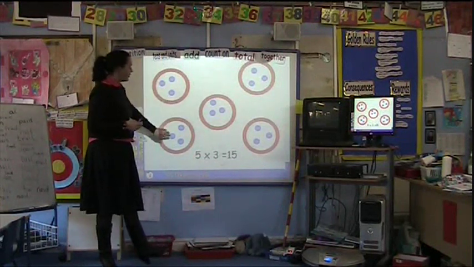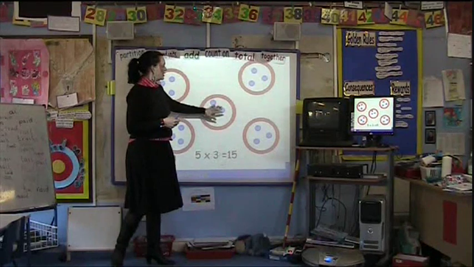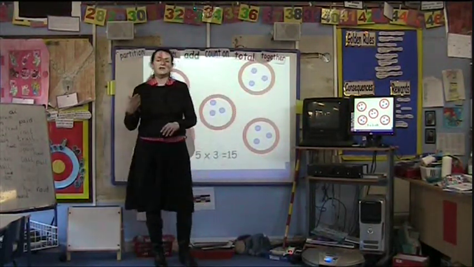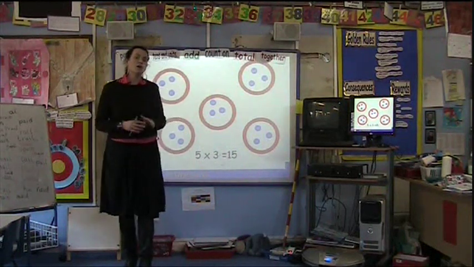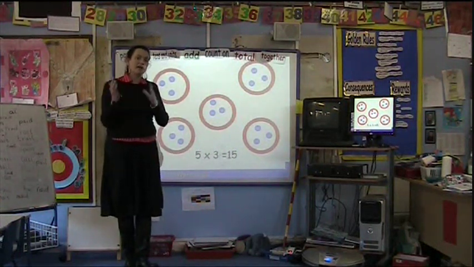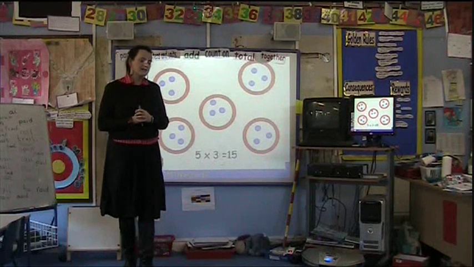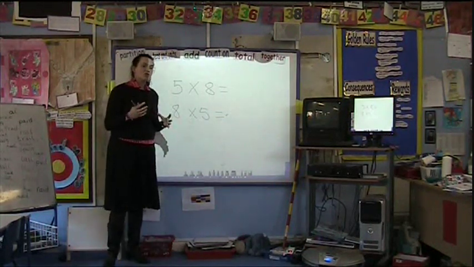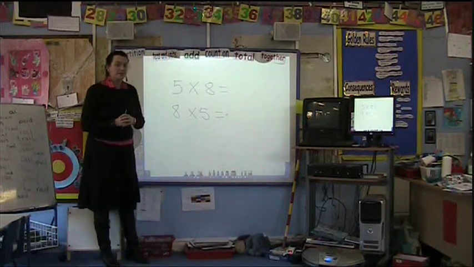So we could say 3, 4, 5, 6, 7, 8, 9, 10, 11, 12, 13, 14, 15. So it's really important that children get to know that a multiplication sum can be reversed and done either way round.